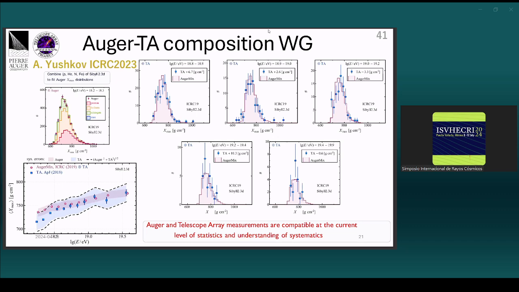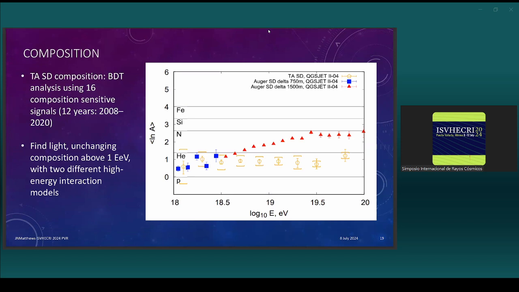I only want to point out that in the range of 18.5 to 19 point something, we have almost perfect agreement between Auger and TA, at least as far as Xmax data is concerned. And so what you see is something else, or I really don't know. So that part, I agree with you. It's something we need to understand, but at least the fluorescence data, the shower maximum, is the same.